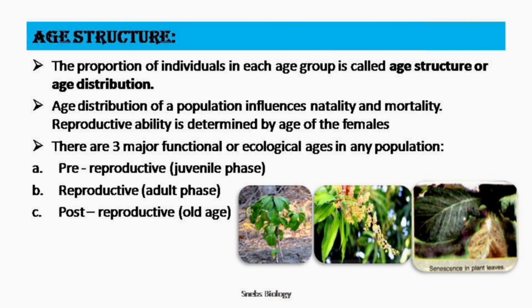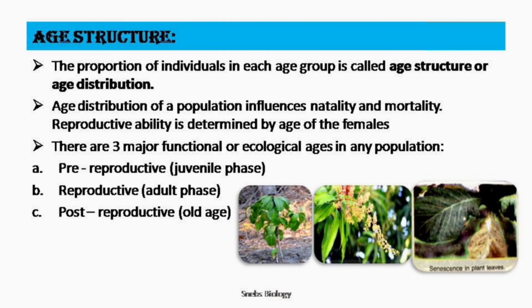Now, if you're talking about human population, because this is going to vary for all different organisms, pre-reproductive would be before 18. If we are talking about certain plants, for example, mango, we have seen that mango plants remain in a juvenile phase or pre-reproductive phase for 5 to 7 years, and then only they start flowering. So before flowering takes place, they would come under pre-reproductive.